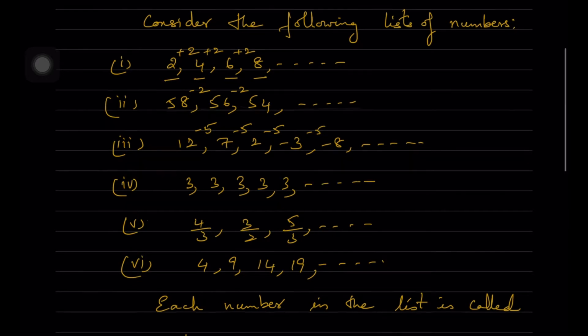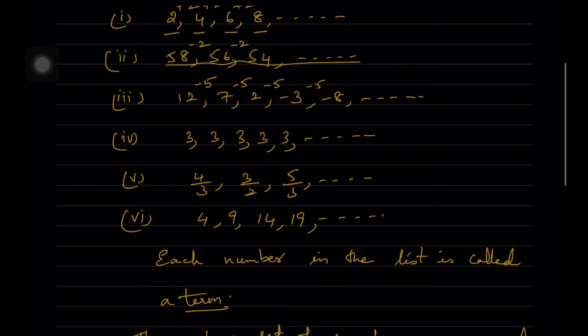Now in the next one, each term is obtained by adding one constant term. What is that constant we are adding here throughout? We are adding 0 for each and every term. So this is also following a certain sequence. Now in the next one, 4 by 3 plus 1 by 6. You can see here 3 by 2 minus 4 by 3 gives 1 by 6.